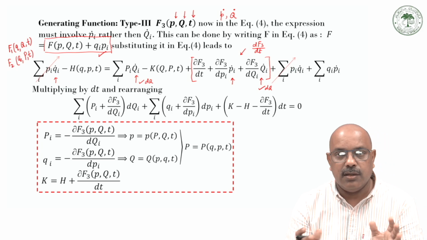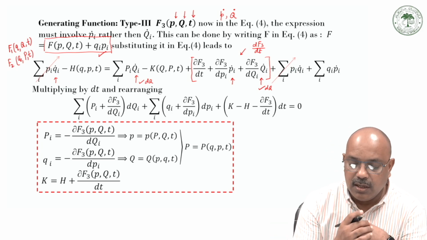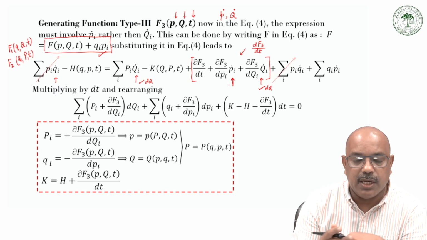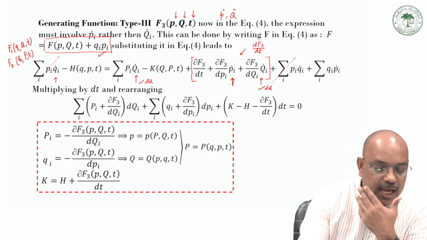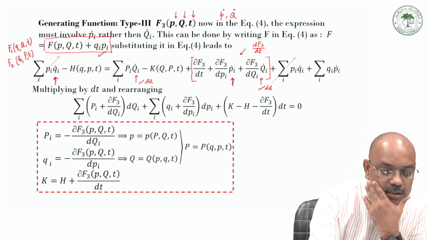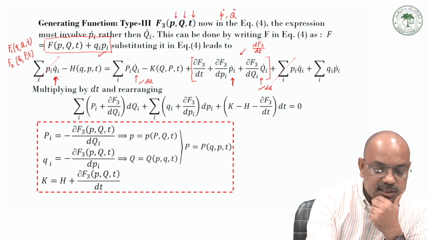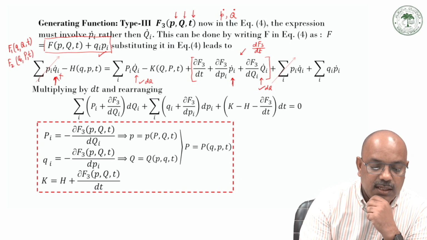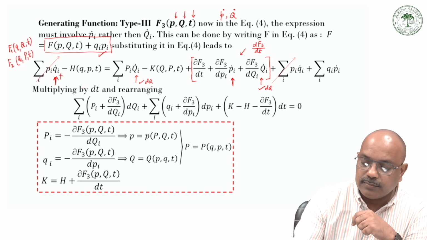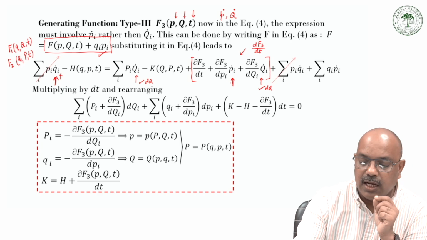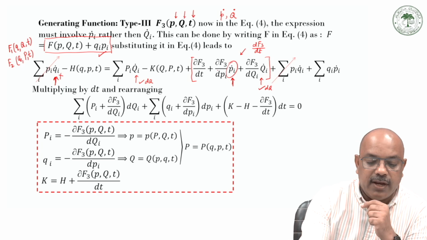So I can take these two terms together, but I don't have a small pi dot here. Instead I have a small qi dot. So what I need, I don't want this small qi, and I want a small pi. So what if I add this term?